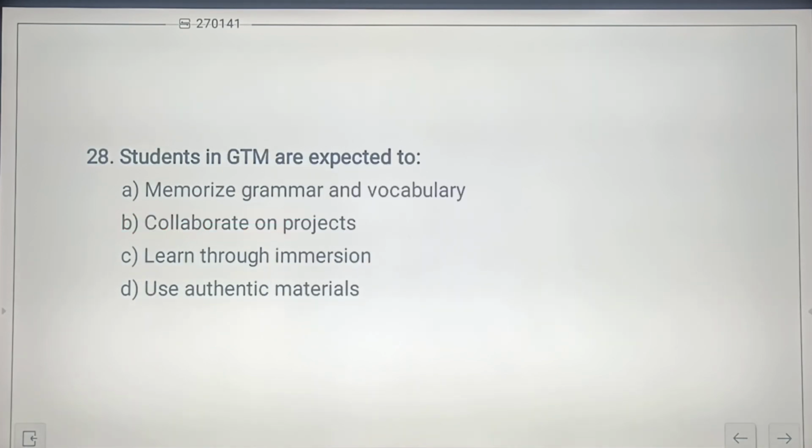Next, students in grammar translation method are expected to memorize grammar and vocabulary, collaborate on projects, learn through immersion, or use authentic materials. The right answer is memorize grammar and vocabulary. Students in grammar translation method are expected to memorize grammar and vocabulary.